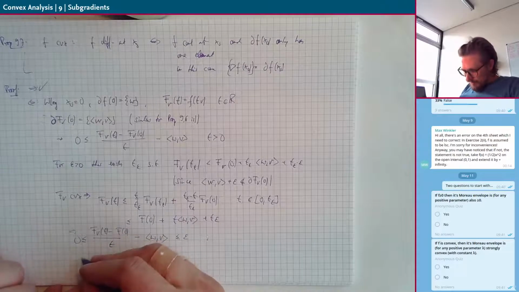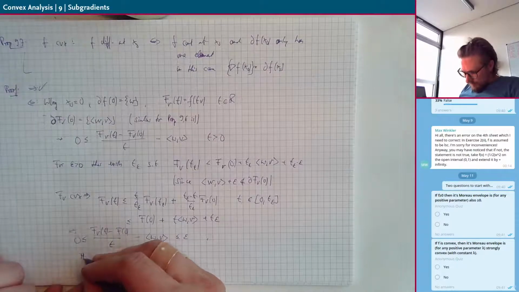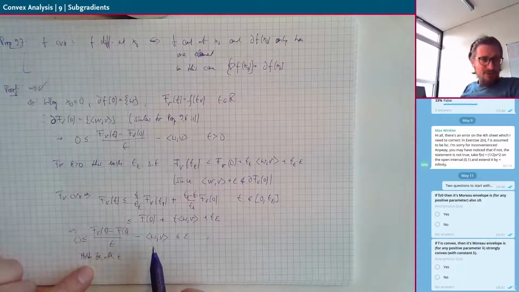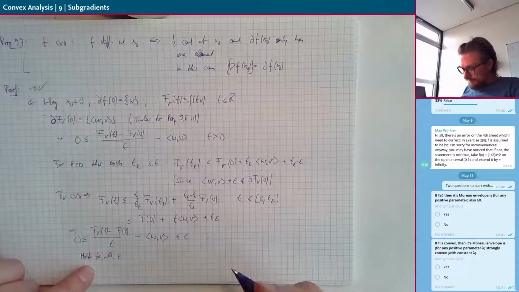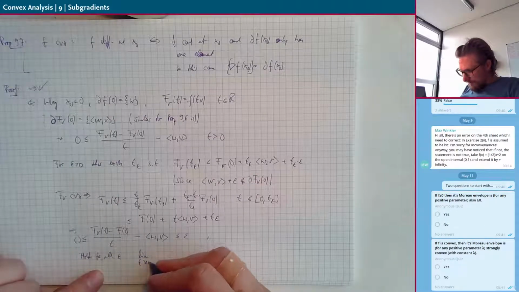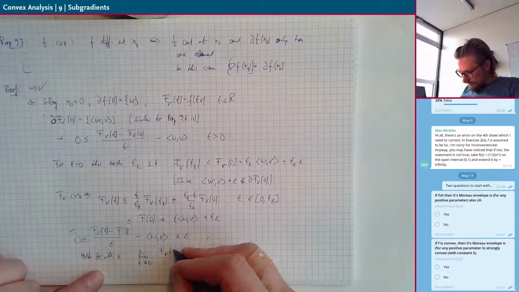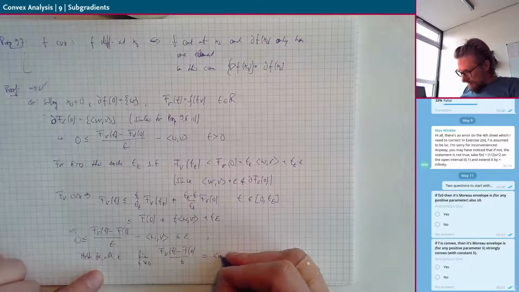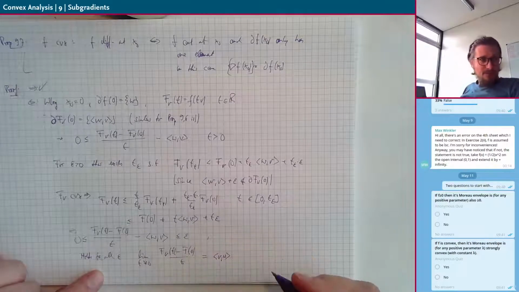So now this holds for all epsilon, which means this guy has to be 0 in the middle, and exactly this can only happen if this limit here is actually equal to v times w.